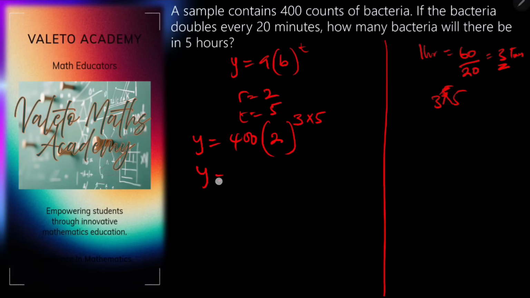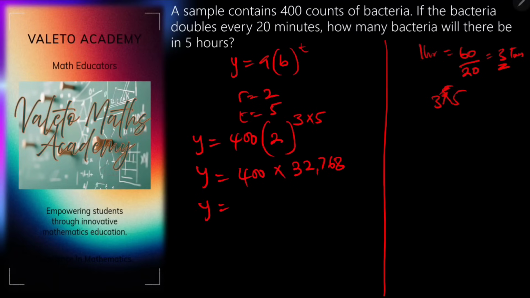So in 5 hours, we'll have 400 times 2 raised to the power 15, which is 32,768. Please, you can also check your calculator. If I'm making a mistake, please let me know in the comment section. 32,768 times 400.